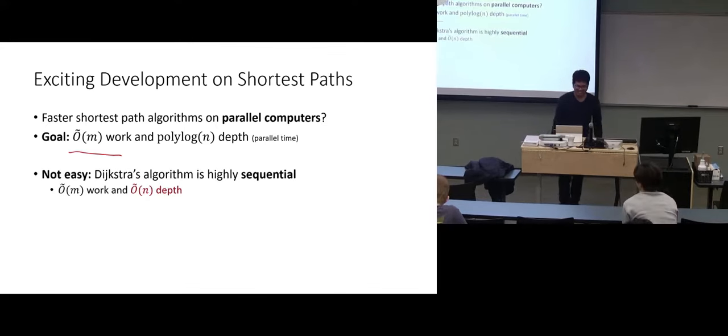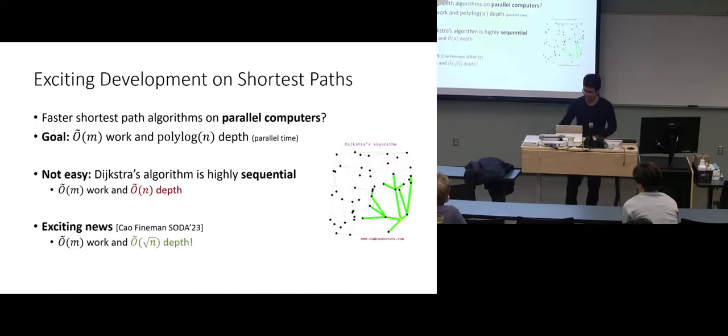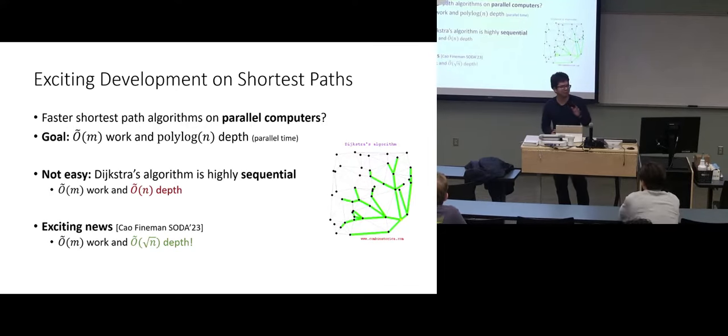Okay. So it turns out that this is not something that is easy to see at all. Because if you see Dijkstra's algorithm, we will learn about this, but I suspect you have seen it at least once in one of your previous classes. We will learn about this in detail. Dijkstra's algorithm is so sequential.